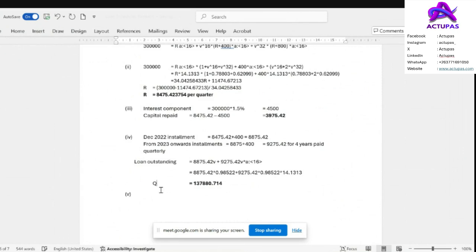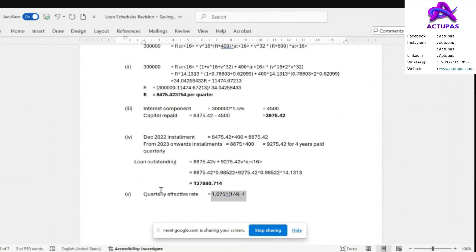So the quarterly effective rate will be equal to 1.075 to the power 1/4 minus 1.